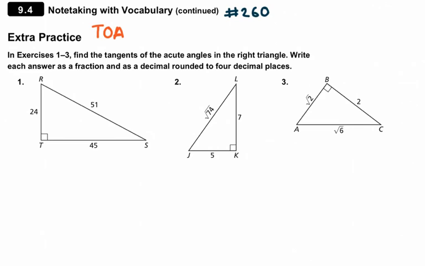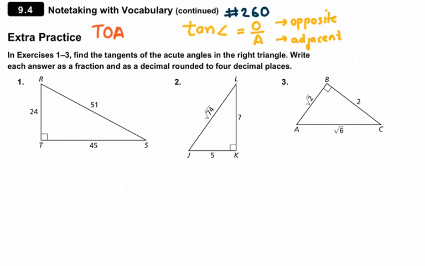So the tangent of any angle is O over A. O stands for opposite leg and A stands for adjacent leg. So it's always the ratio of the two legs, and how you take it depends on the location of the angle. We're going to use that in solving the next 7 problems.